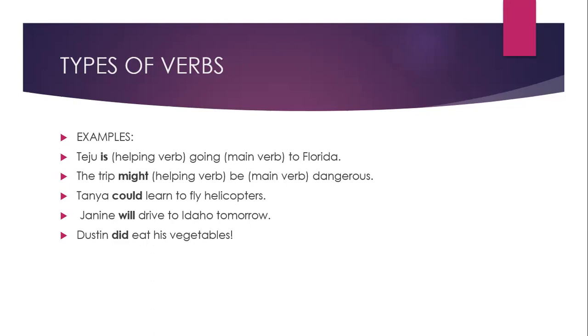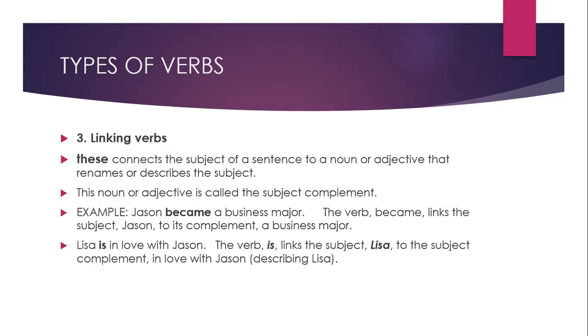All right. So you need to learn to identify main verbs and auxiliary verbs in any sentence that you are given. Another kind of verbs we talk about are what we refer to as linking verbs. And by now we've talked at length about linking verbs.